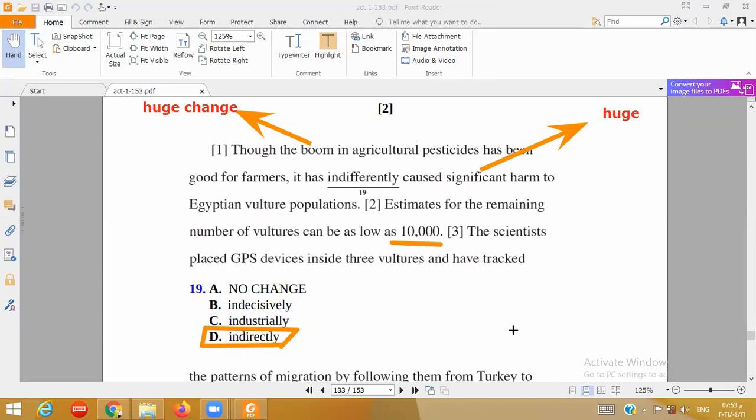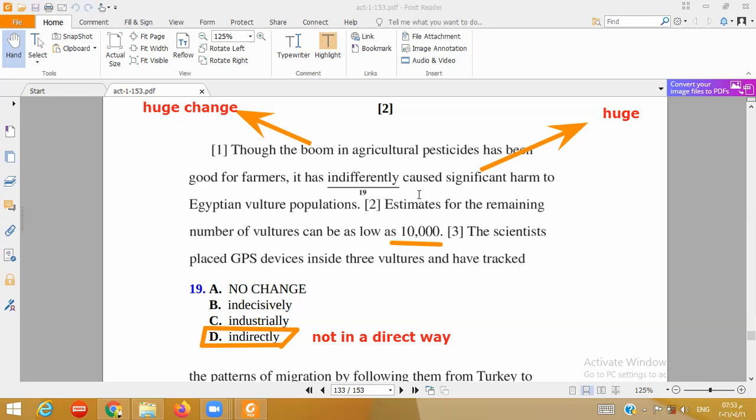Indirectly means not in a direct way. So those pesticides are killing the Egyptian vultures in an indirect way. Understand? You understand what I'm saying here?